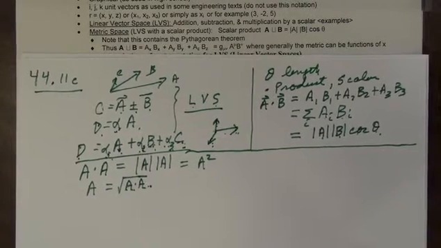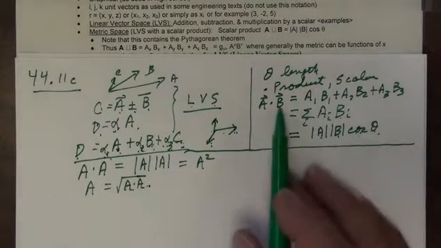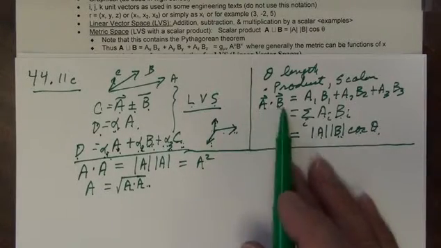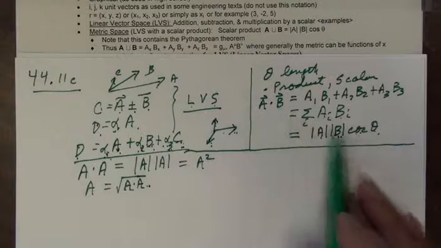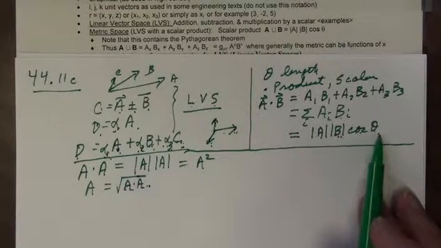So we've got length, and now we also have angle. So given two vectors, I can find the length of A, then the length of B, take the dot product, then take A dot B, divide by the length of A and the length of B, and I get the cosine of the angle.